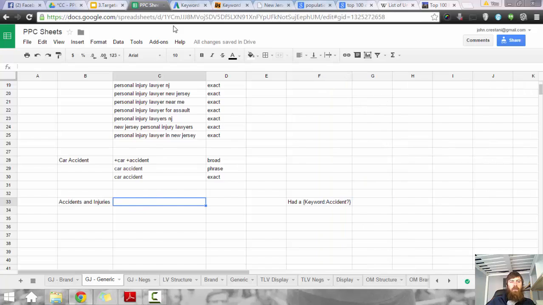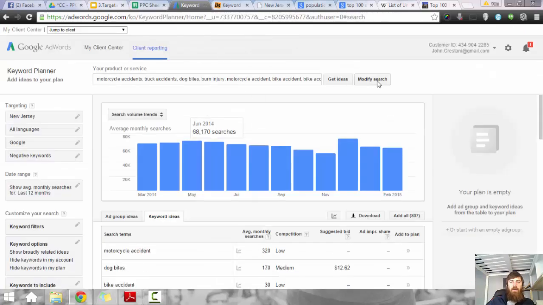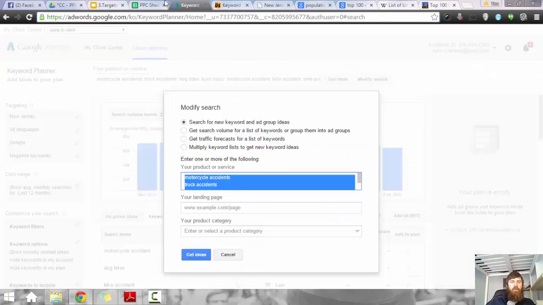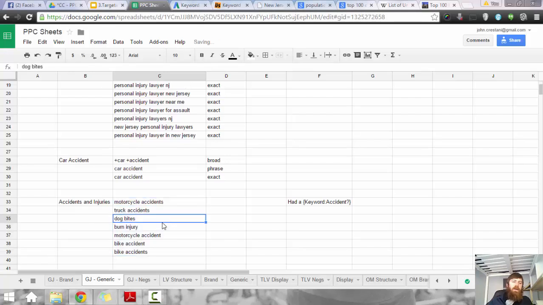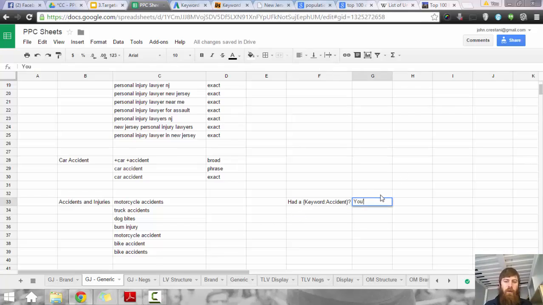And this way, if we have one of these keywords in there, depending on what they search, it'll say "Had a dog bite?" or "Had a burn injury?" or "Had a motorcycle accident?" etc. "Had a bike accident?" and then we'll say "You are owed money."